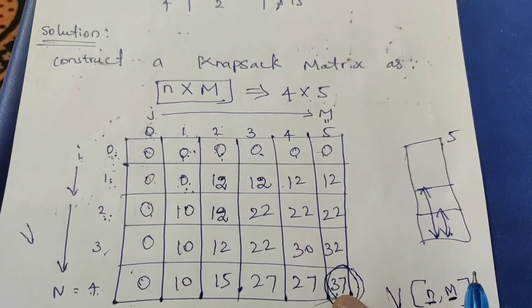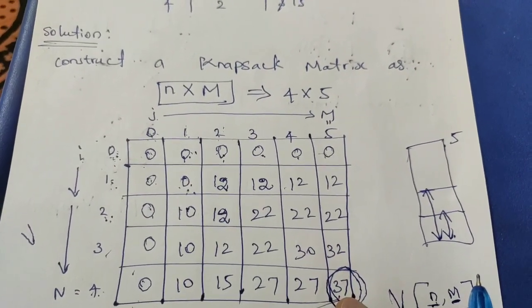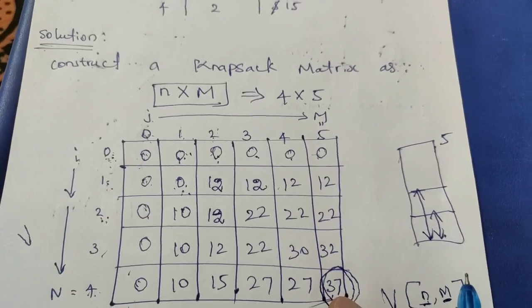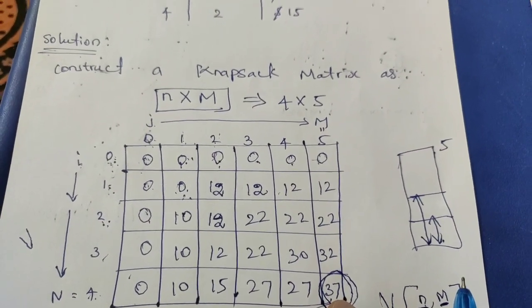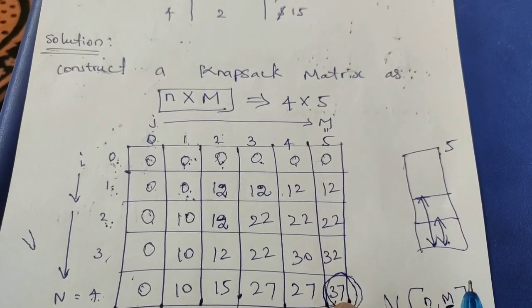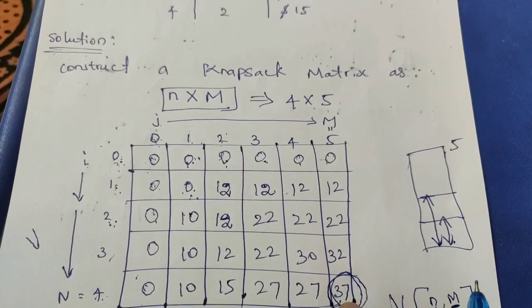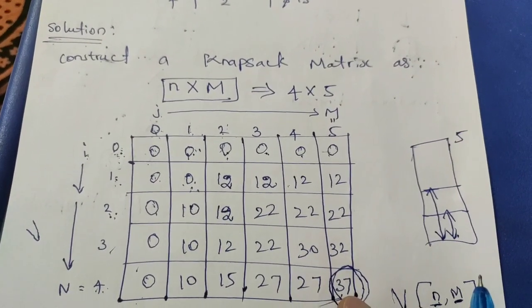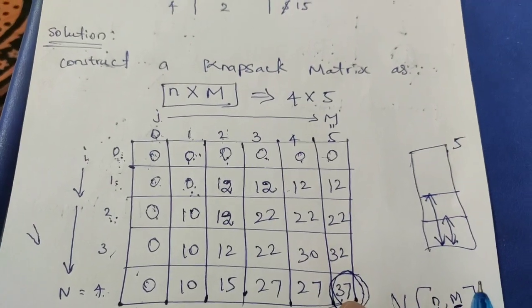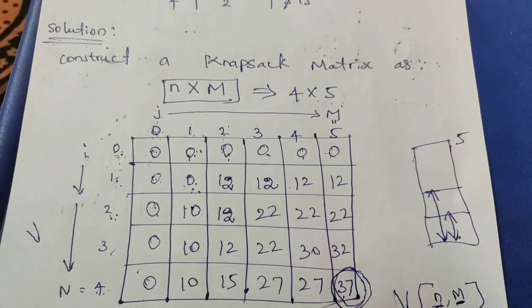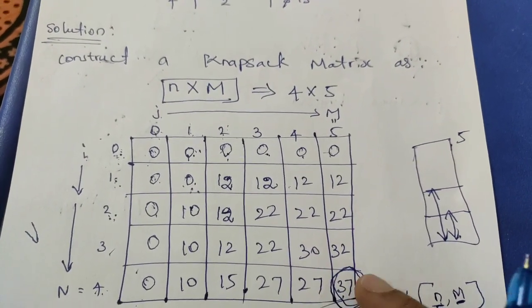For that, you need to use a backtracking concept. How to find the items added to the knapsack using backtracking, I will teach you in the next video. To know that, you need to remember today's concept of constructing a knapsack matrix.